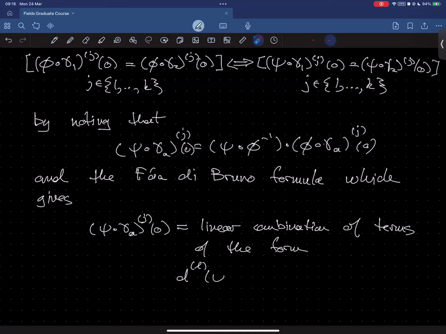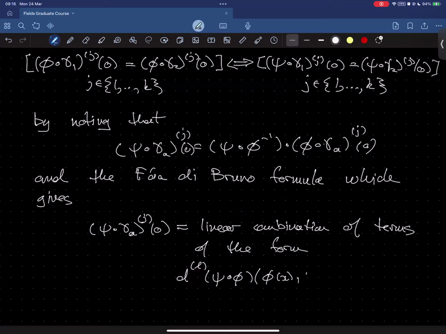So it's the chain rule, and I'm composing this thing with this thing, composed with phi at phi of x. And then this thing has now L vector arguments.